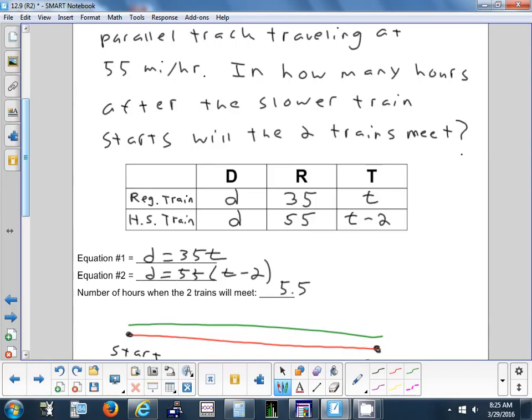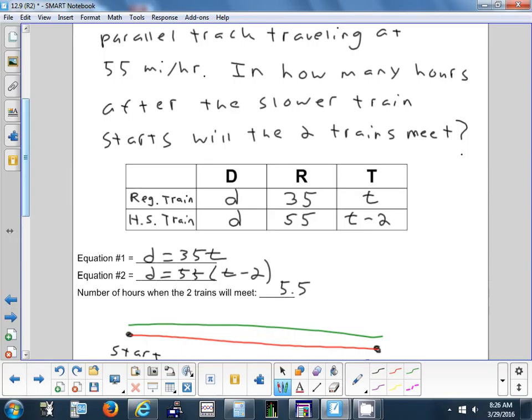So how long, if you were riding on the high-speed train, how long before you catch up to the slow train? 3.5. Okay? Any question on that? All right, so if you were riding on the slow train, it's going to take you 5.5 hours.